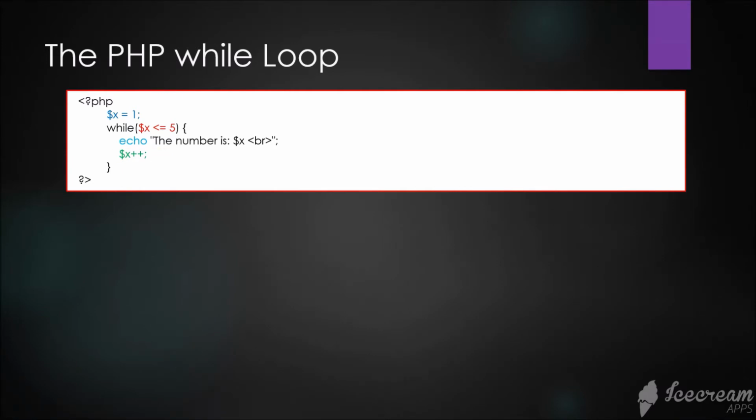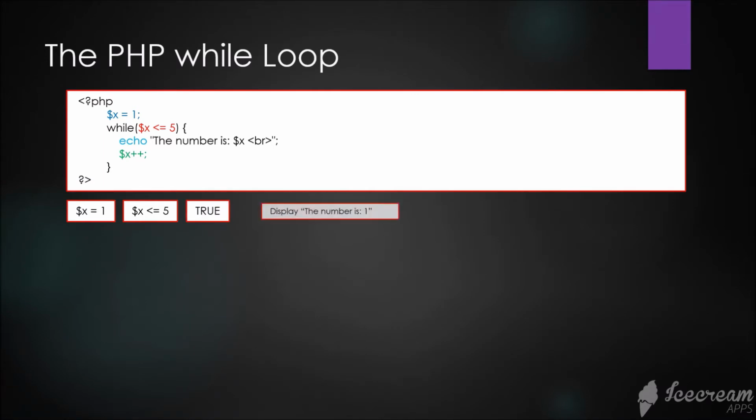Okay, so let's try to simulate the process. First, what happened is that we declare x equals 1. Then we compare: is x less than or equal to 5? Basically the answer is true. Then we execute this one, wherein we display the number is 1.